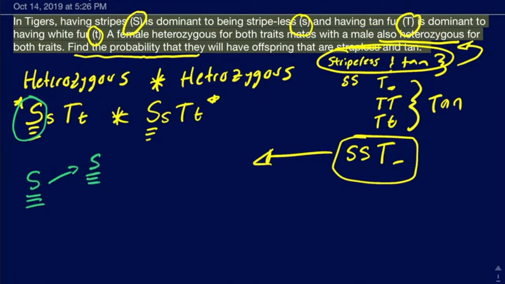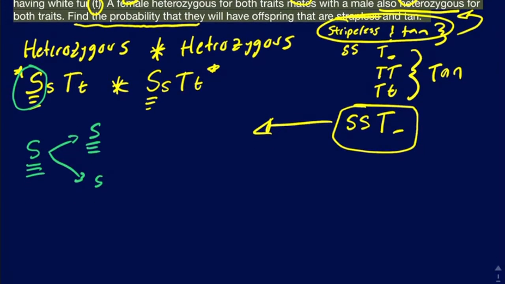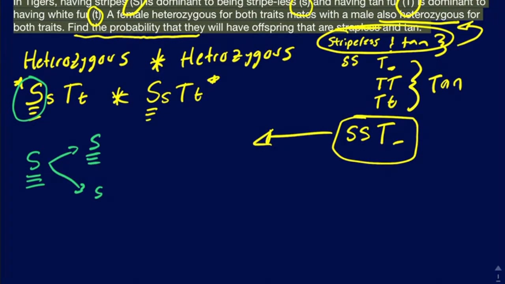Big copy of the S gene, a small copy of the S gene. And let's say, hypothetically, the mom were to give a small copy of the S gene, this one here. If she were to give that, small s, the dad can again either give a big copy or a small copy, so we draw arrows to represent that.